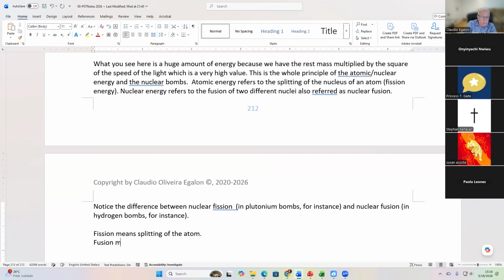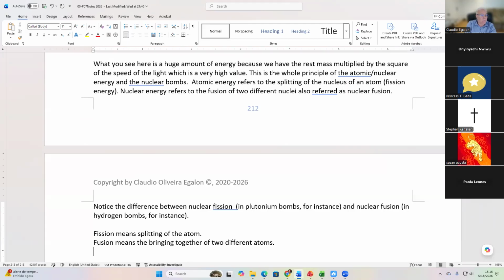Fusion means exactly what the word states, the bringing together of two different atoms.